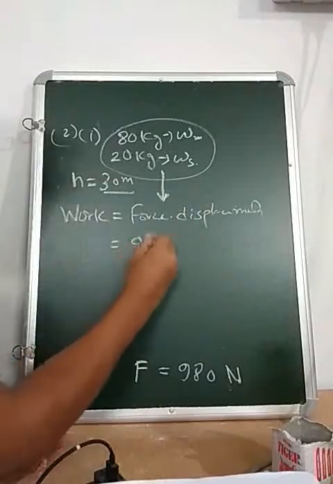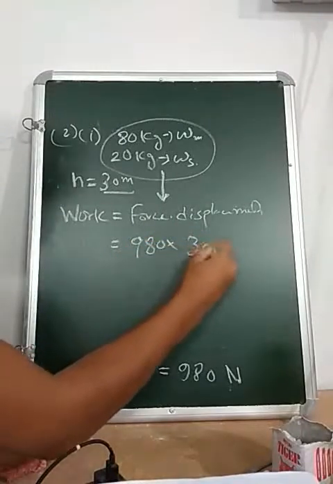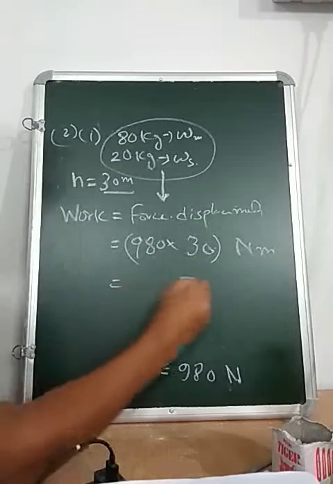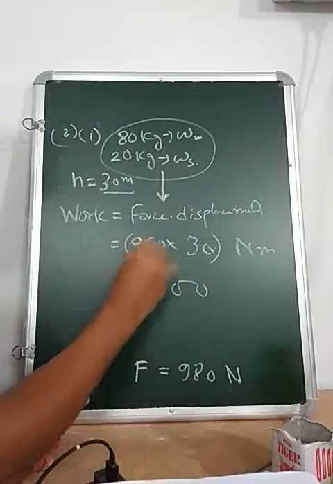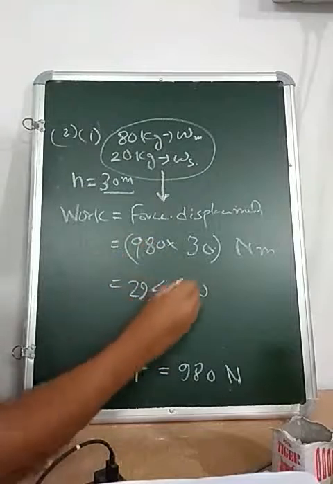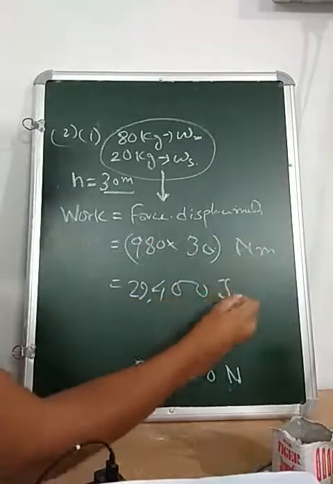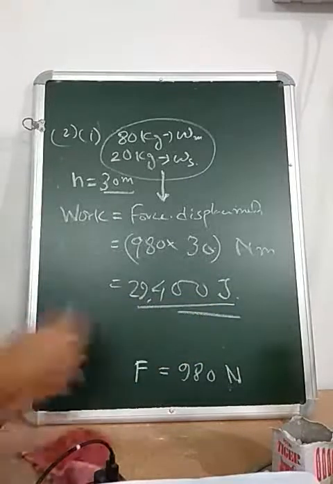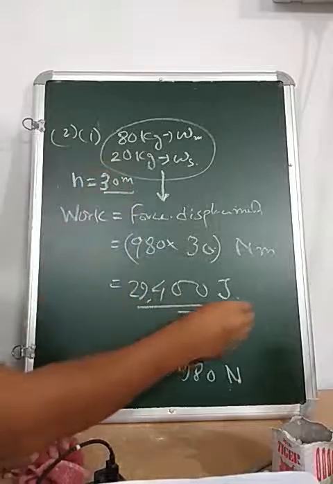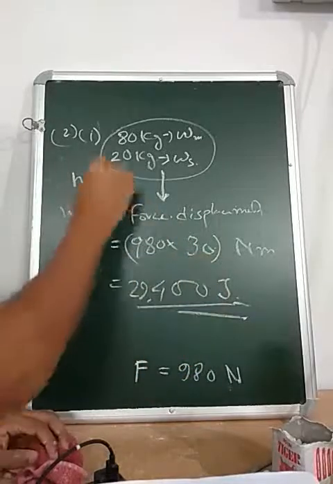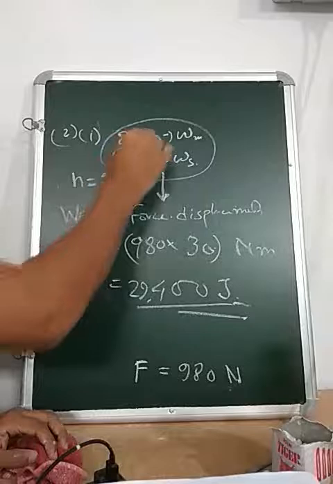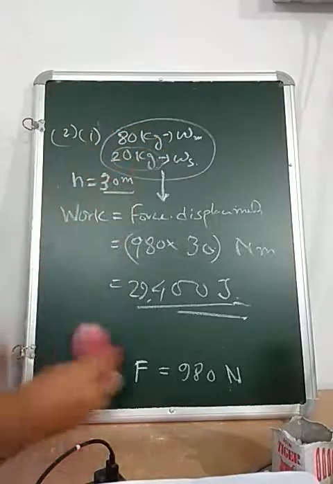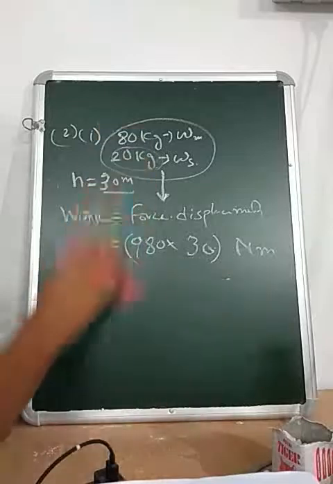Force into displacement, so 980 Newton into 30 meter, which is 29,400 Newton meter, you can write joule. So this much energy is required, or this is the work done in lifting this 20 kg stone up to a height of 30 meters by a man of weight 80 kg.